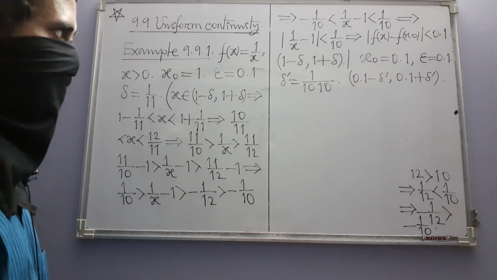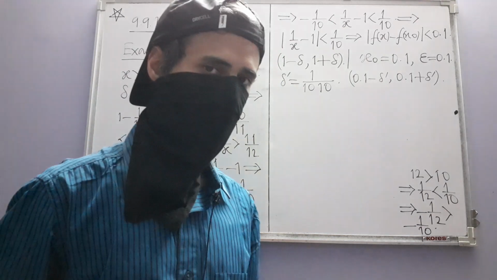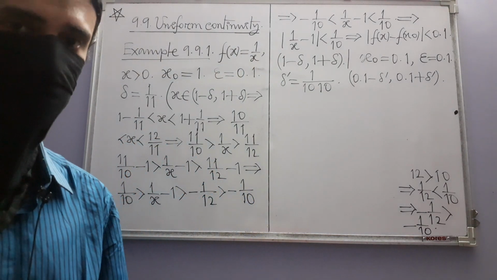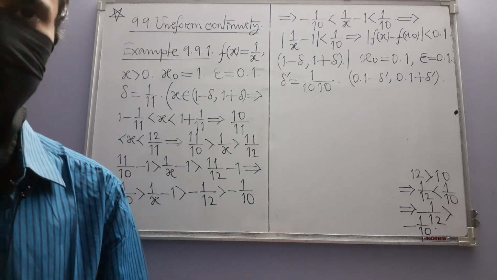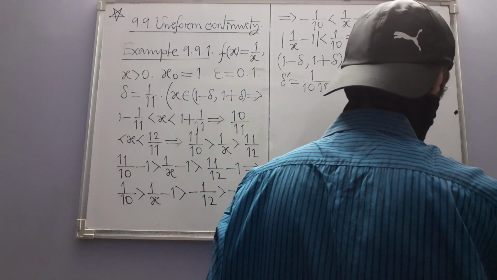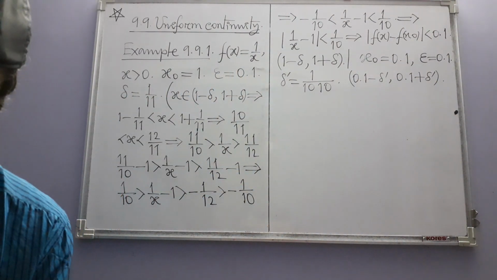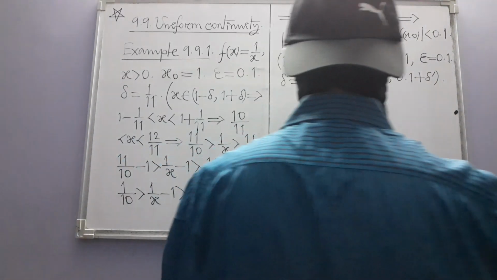So what is happening here? Let's again draw the graph, this time more carefully, and see what we have achieved here in terms of island of stability. You see, the situation was like this.